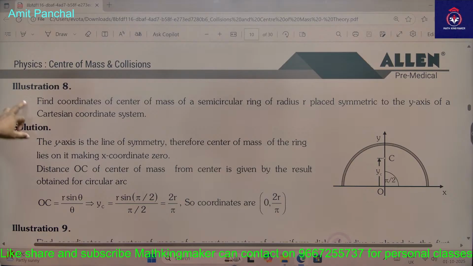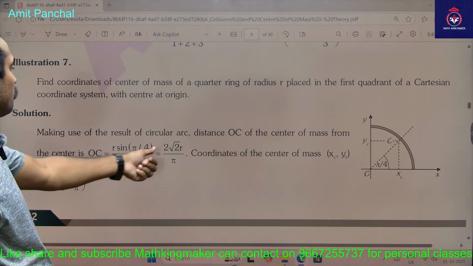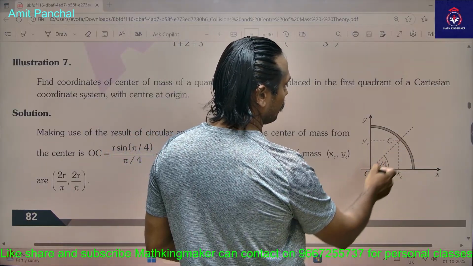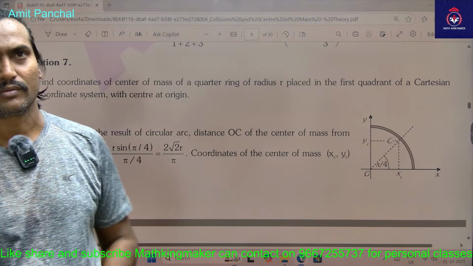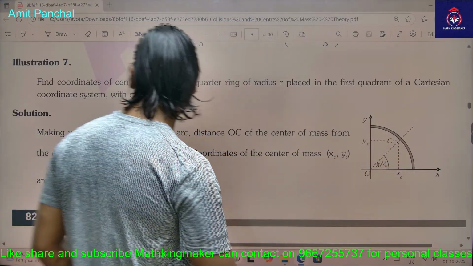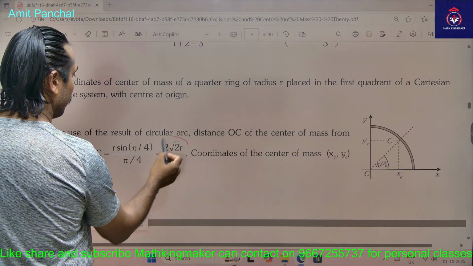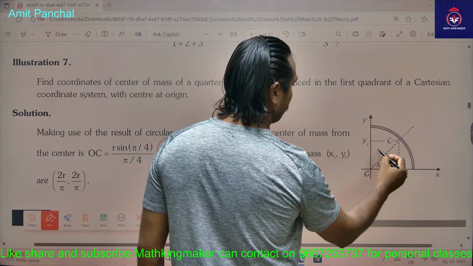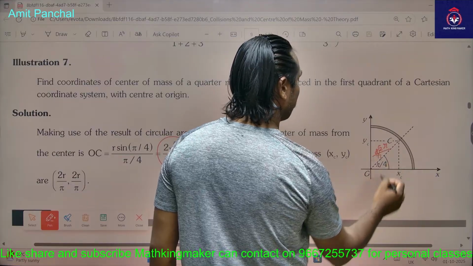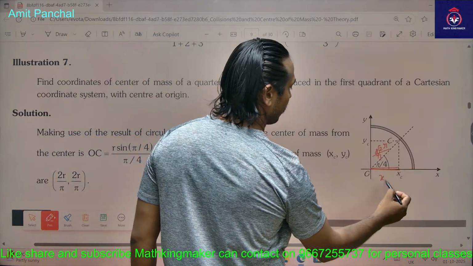OC is 2 root 2 r by pi. So simply now you can find out XC. What will be the coordinate XC?